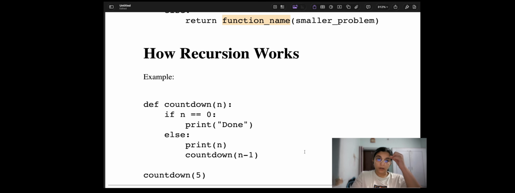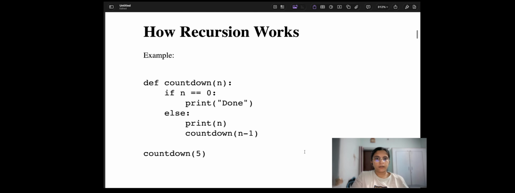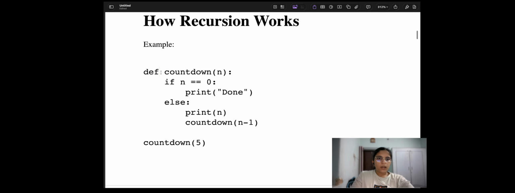How does recursion work? Very important. First, you have to define that this is a function, then the name of the function, after that parentheses. N is the parameter here.